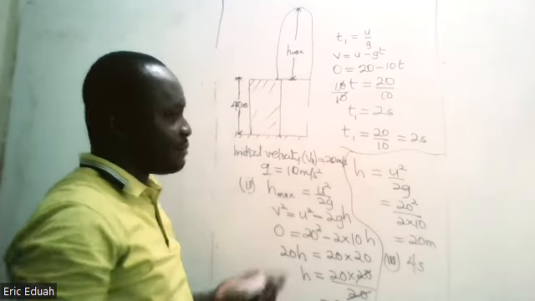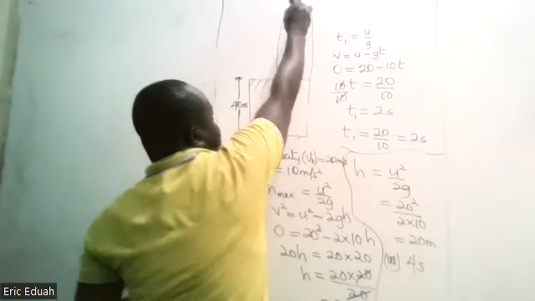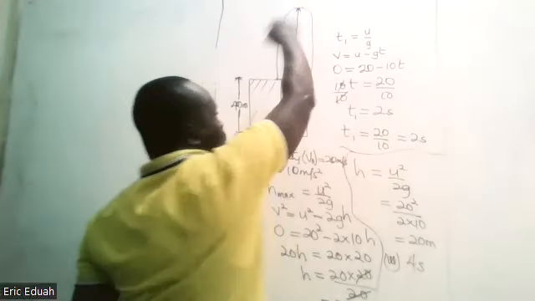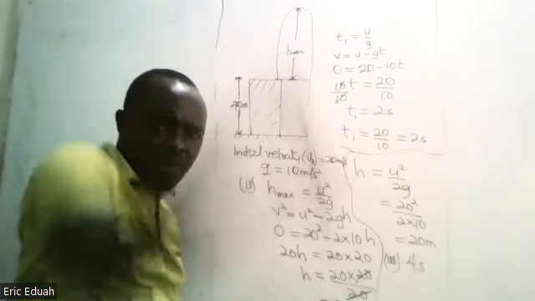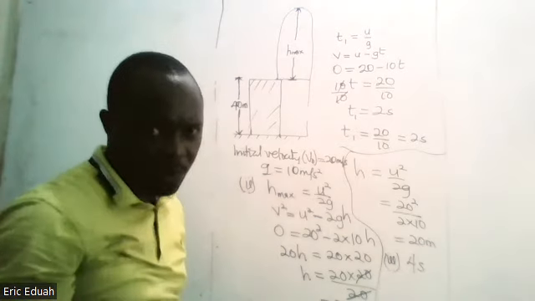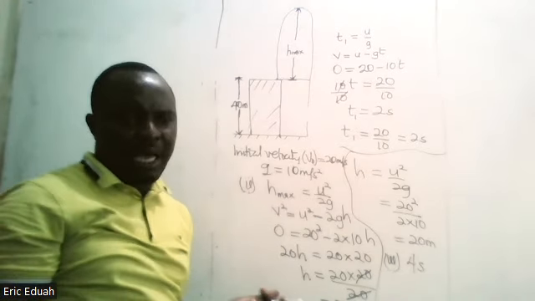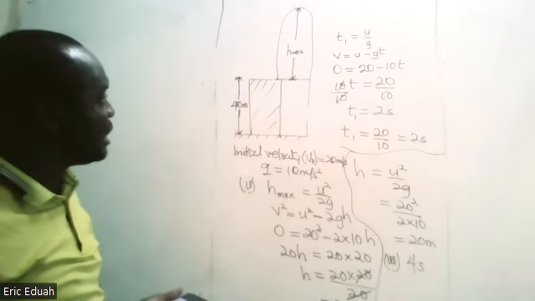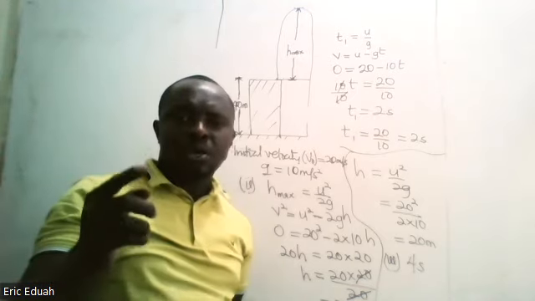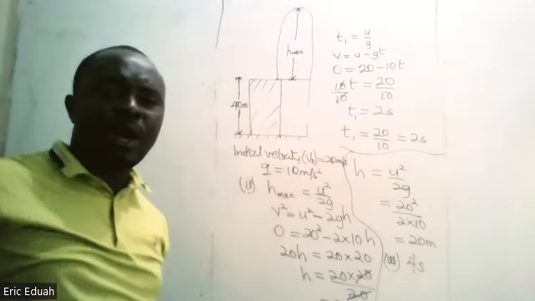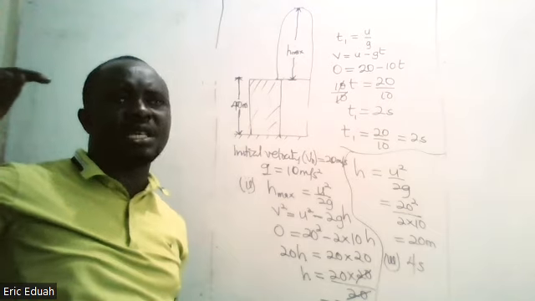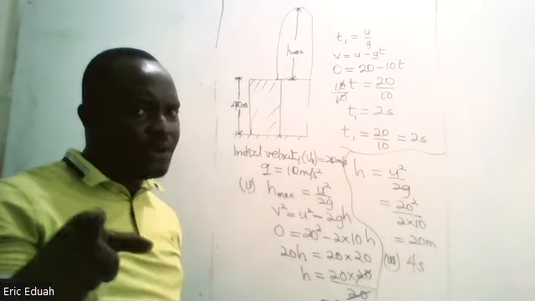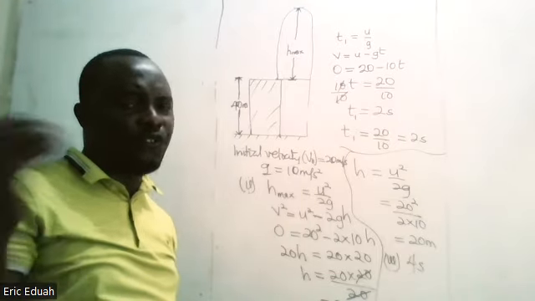Now, when it gets to the maximum height and it is returning, when it's dropping downwards, it's a free fall. And in free falling, we are saying that it is when the force of gravity is the only force acting on the body. So if you recall, we derived equations for free falling.